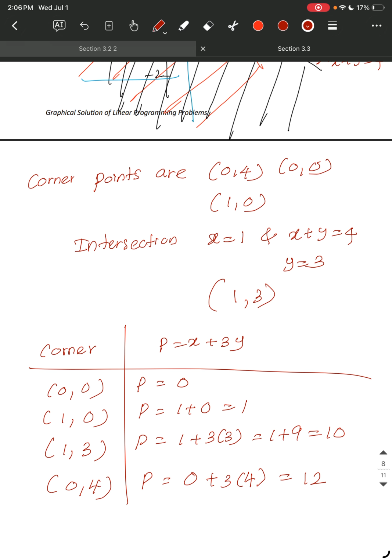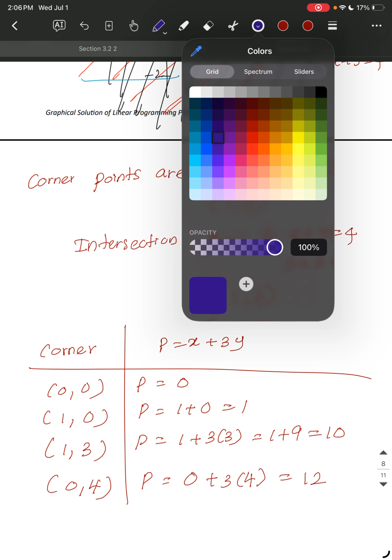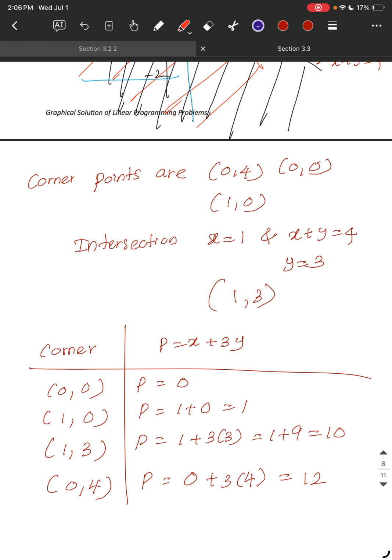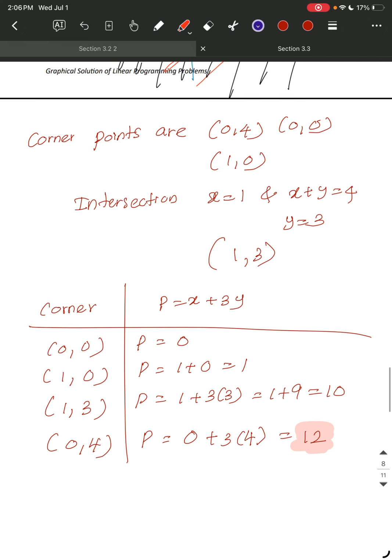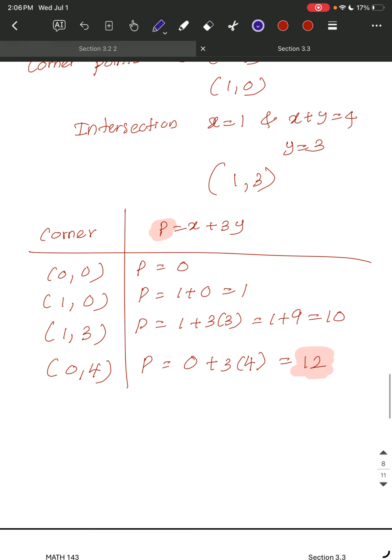So for the maximization problem, the maximum value here is 12. The maximum of the objective function p is 12 at corner point (0, 4). So maximum p equals 12 at (0, 4).